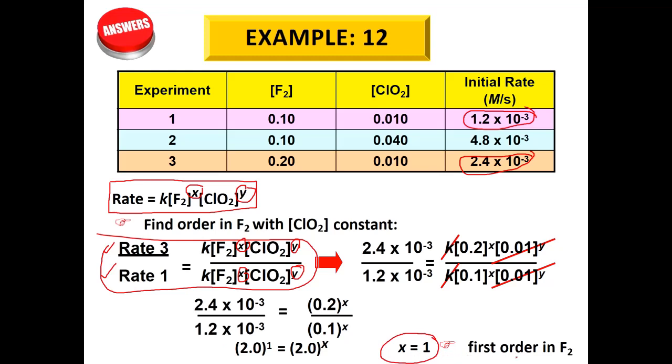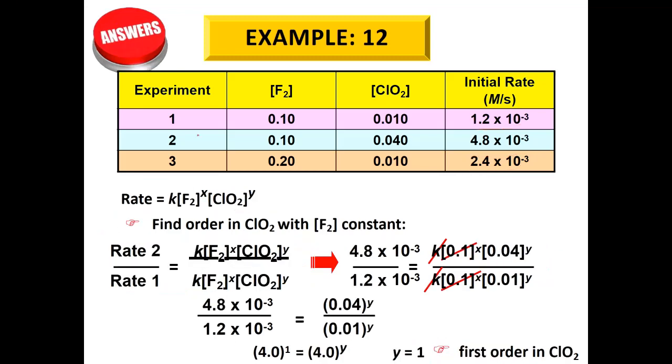So that means first order in F2. Then you repeat the same to find out the order of ClO2 with F2 constant. Now we consider rate 2 over rate 1. k [F2]^x [ClO2]^y over k [F2]^x [ClO2]^y.